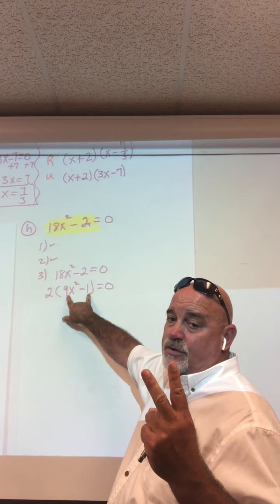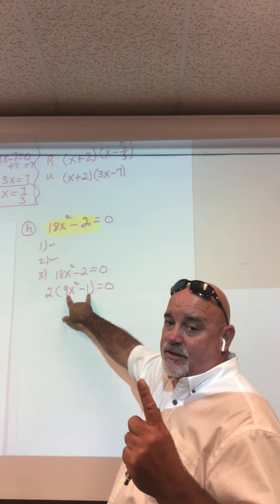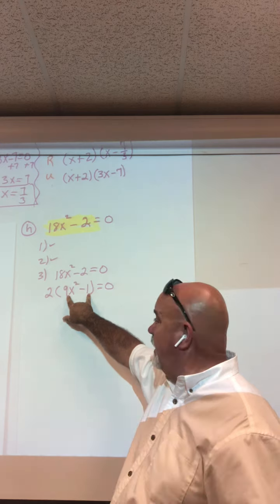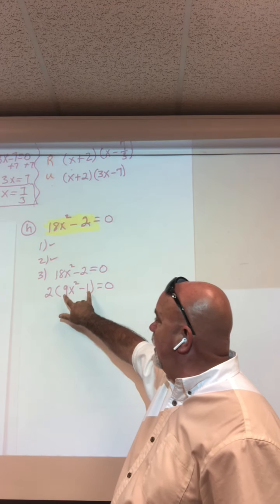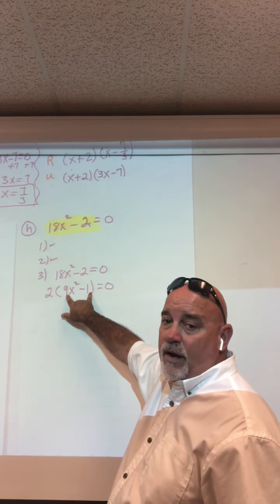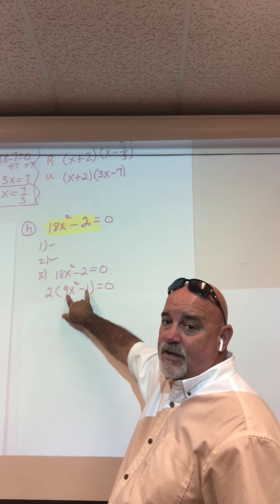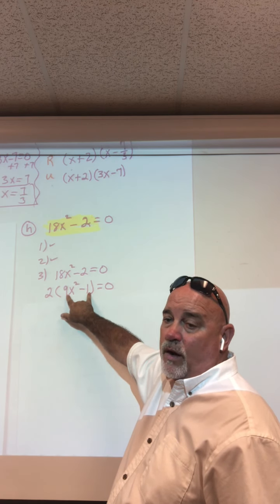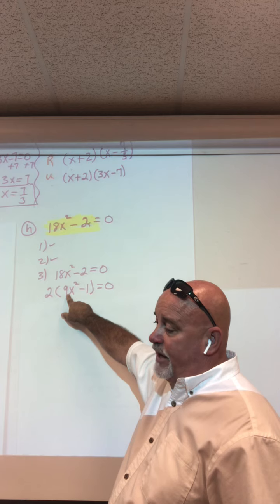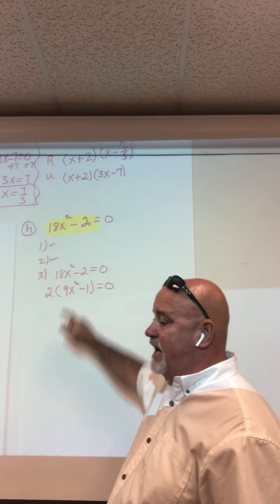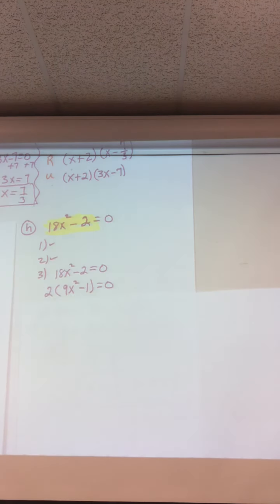Squares and cubes. So let's see if it's the difference of two perfect squares. The difference of two perfect squares, yes, 3x, 3x. Perfect square, yes, 1 and 1. So this is going to be 3x, 3x, 1 and 1, signs are different. Now, when you factor this, don't forget to bring down the 2.